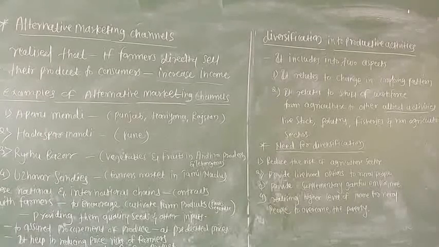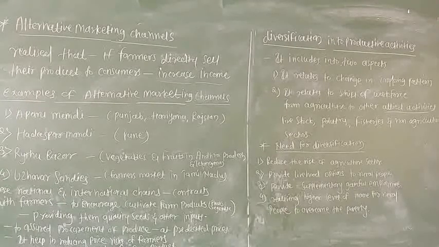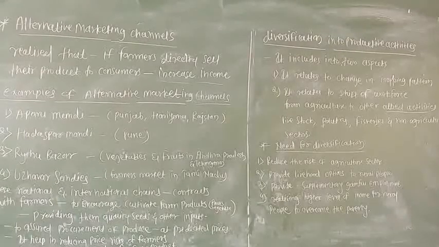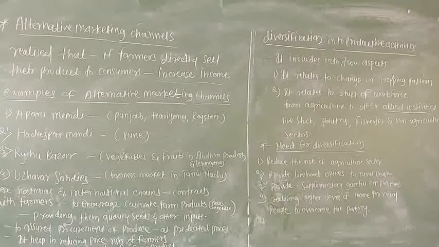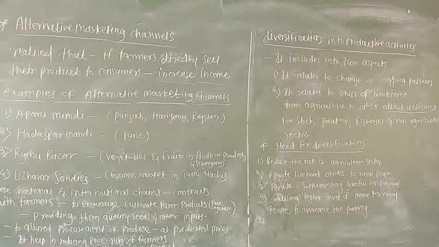During the Rabi season, in some areas there is no irrigation, means there are inadequate water facilities. So many people are unemployed in that season, so it is difficult to find gainful employment.